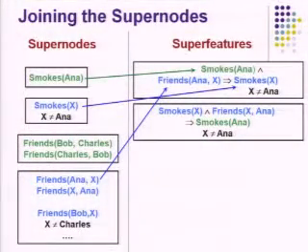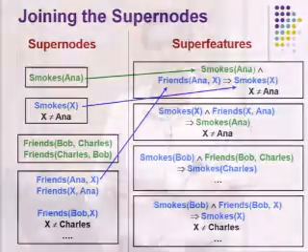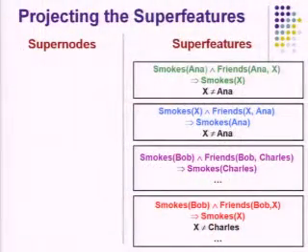Similarly, you could construct the other superfeatures, and the color coding again shows where those supernodes came from, and the third and the fourth one. You can show that these are the only non-trivial combinations in this case. So you get all these 4 superfeatures corresponding to the 4 supernodes on the left, where you really just did the join.